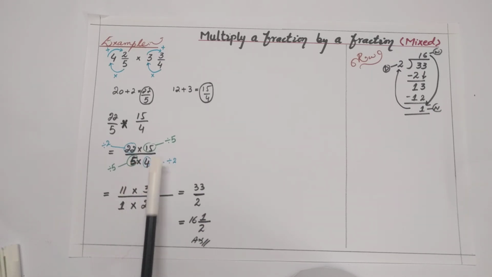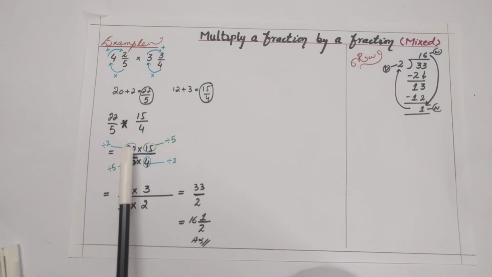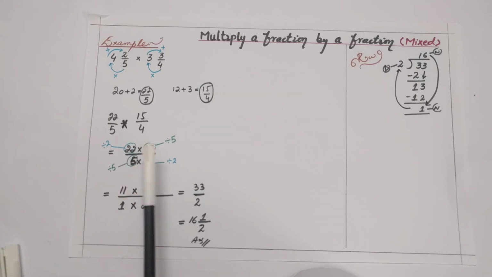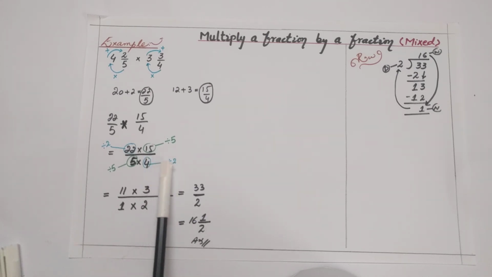It's up to you. You can directly divide the numerator and denominator in this step by the highest common factor. That division by the highest common factor will reduce the numbers, and you can easily divide the fraction to convert it into the mixed fraction. So it's up to you, students. I will give you the option.